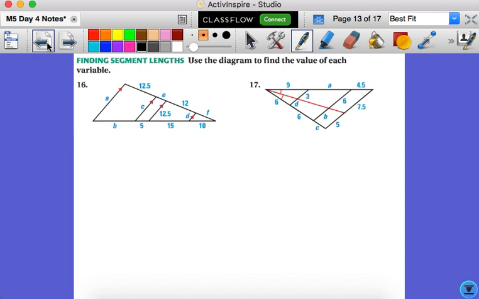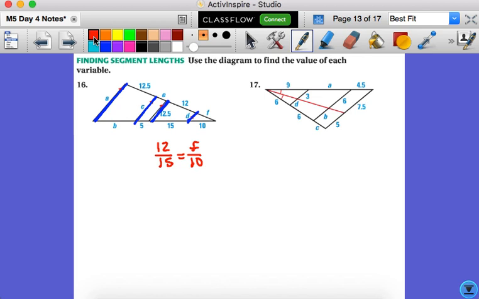So for this first question, we have 4 parallel lines. Remember, you want to be careful if you're ever solving for these parallel bases. You want to make sure you look at the entire triangle instead of using the proportionality theorem. So for example, if I want to solve for f, I could say 12 over 15 equals f over 10, and I could get that value of f because none of those numbers represent the parallel bases.